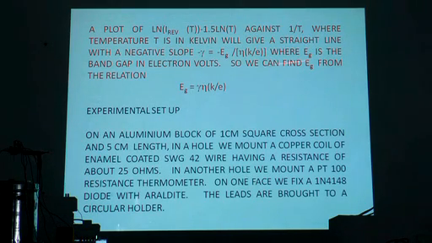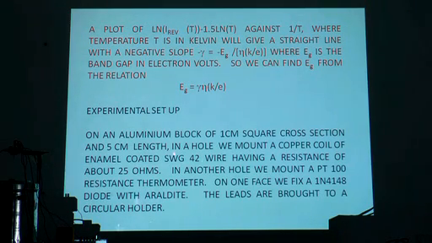E g is the band gap in electron volts. So, we can find E g from the relation E g is gamma into eta into k by e. We have found eta, we know k by e, we have found gamma, we can find E g.